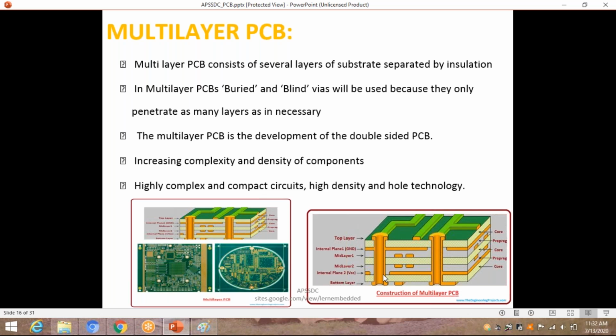Only the major components are placed on the top and bottom layers. Whenever there is a need for ground and power supply lines, they use the middle layers. Is it clear for all of you? Yes, sir. Okay, thank you.